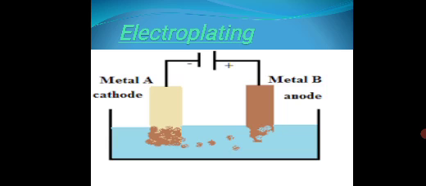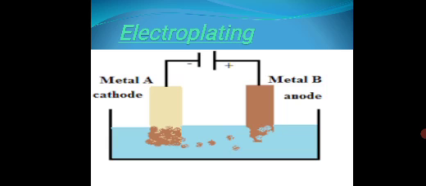Now we will discuss what electroplating is. It is a method in which we coat a layer of metal on any material. Look at this picture. In this method, there are two electrodes, cathode and anode. The cathode electrode is the negative one, while the anode is the positive electrode.